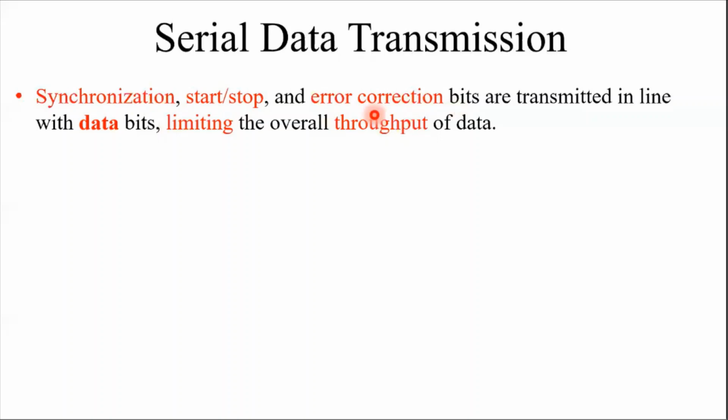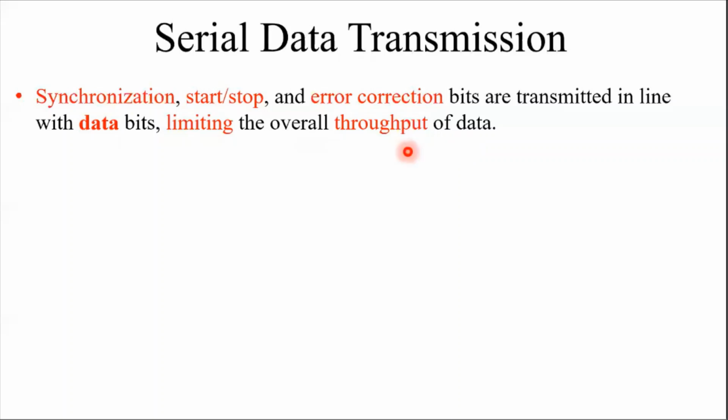So the synchronization bits, the start or stop bit, and the error correction bit are also transmitted along with the data bits, one bit at a time, one by one. They are transmitted across a single transmission medium. Because of that, it limits the overall throughput of the data, meaning it slows down the speed of the data.